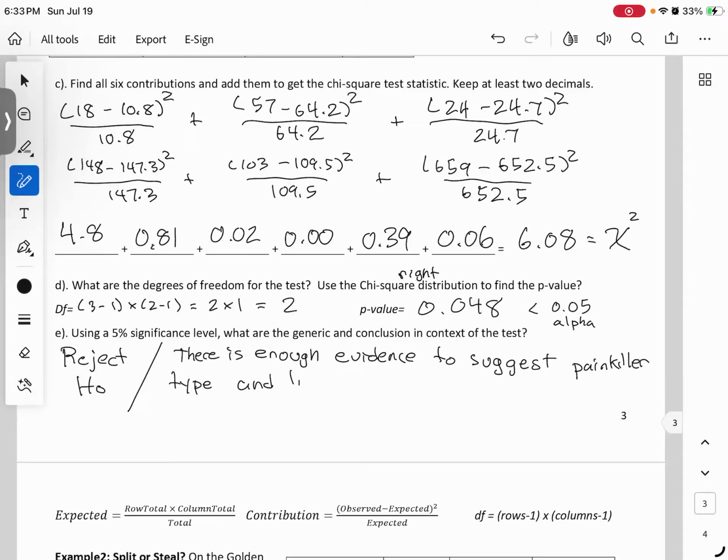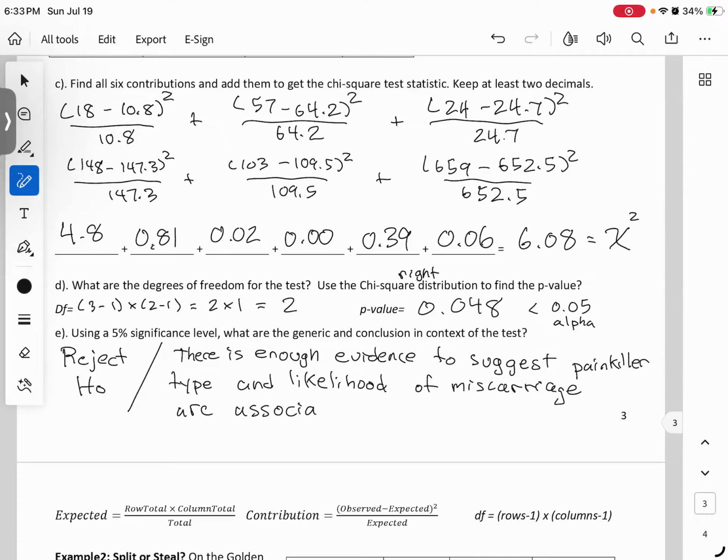Now, here's what I was saying at the very beginning. What does this mean? It's telling us that if you were to compare all three of the options of painkiller, the NSAIDs, the acetaminophen, or no painkillers, one of those groups would have a higher proportion of miscarriages.